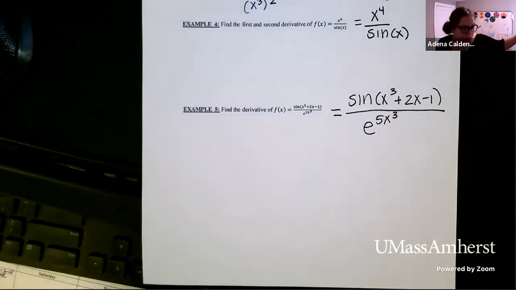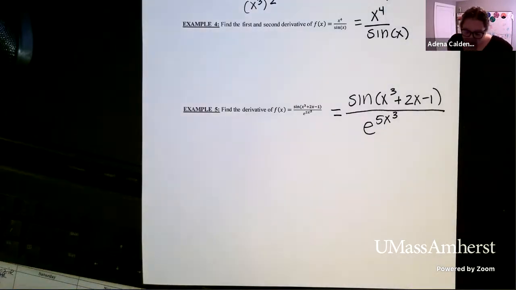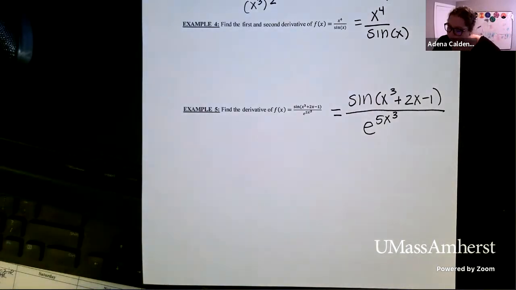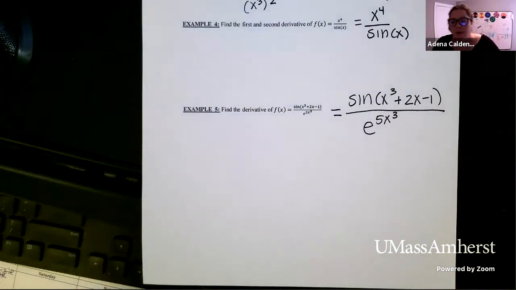Okay, so I'm going to give you about 3 minutes to try this one out. Again, feel free to look back in your notes to the chain rule if you need to reference those, but carefully make sure you write out all the pieces and then put them back together carefully.